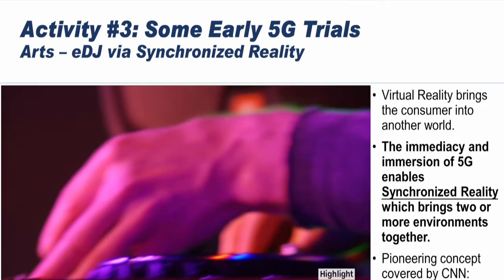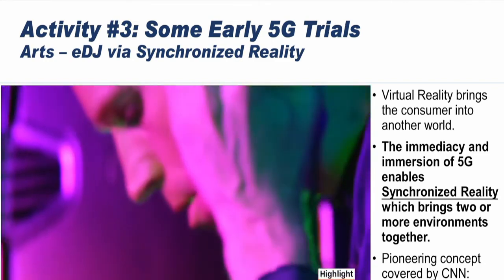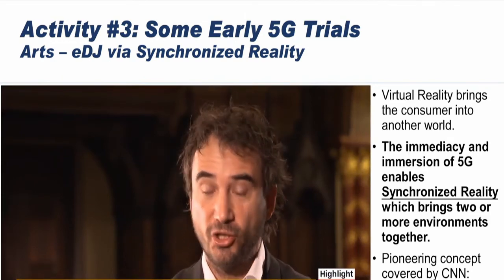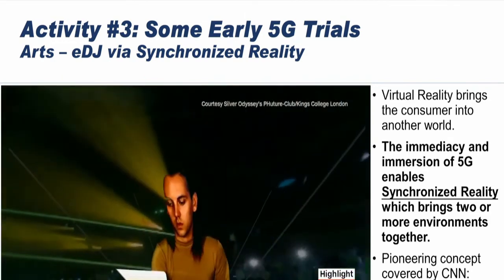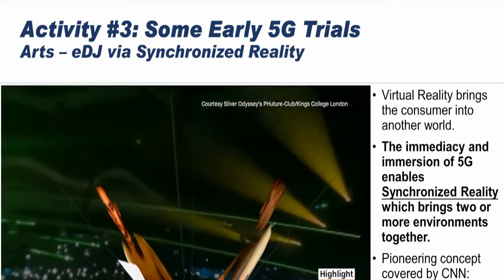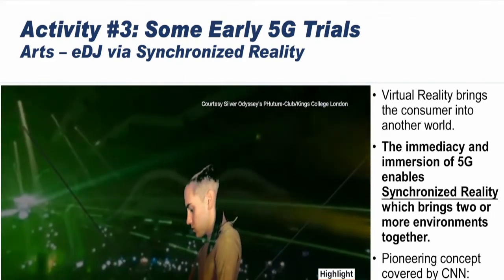Another exciting use case is all around DJing. The idea is to create an EDJ experience. Imagine a DJ DJing in Los Angeles, and that person is then being transmitted in real time to another club. So you see here, Peter Gold, a number 2 DJ in the world, arguably.